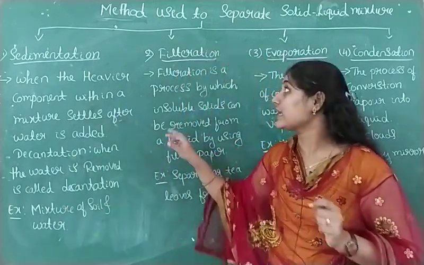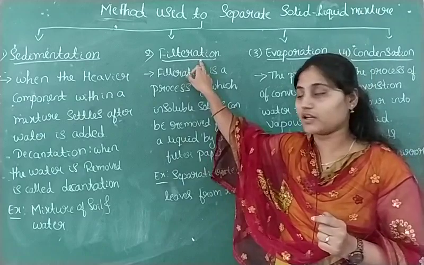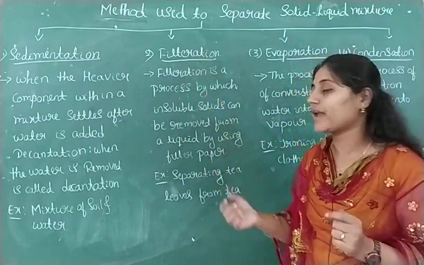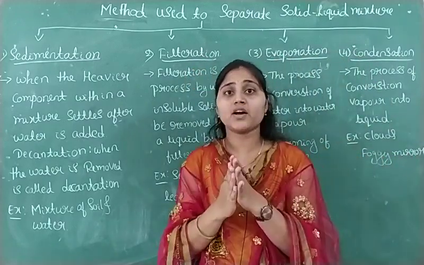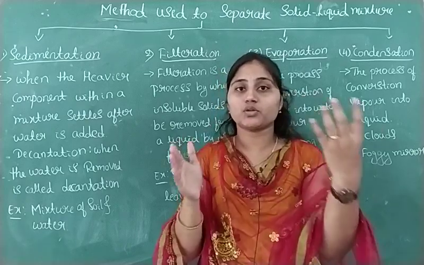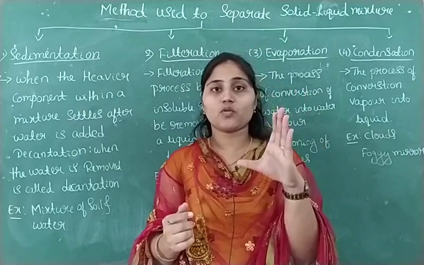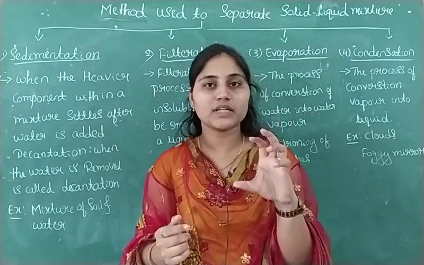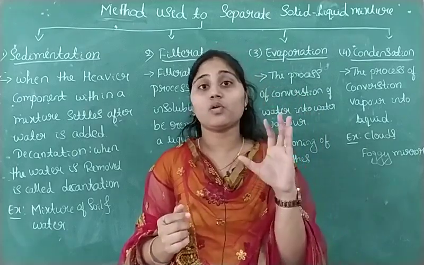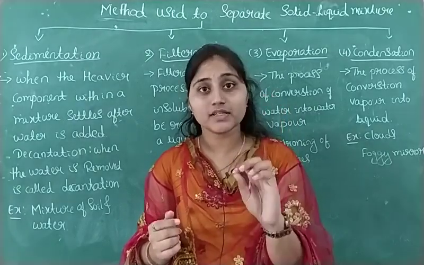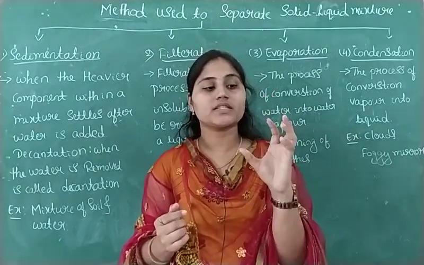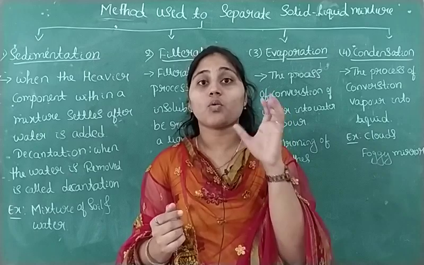So next method, what? Filtration. In this filtration method, what happened? Again, as I said already, we can pour the water into the other beaker, just the water. Does that water contain only the pure substance, is it in the form of pure? No, it still contains some mud. So it is not pure. So what do we have to do?